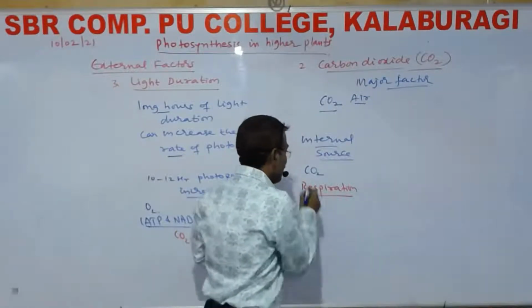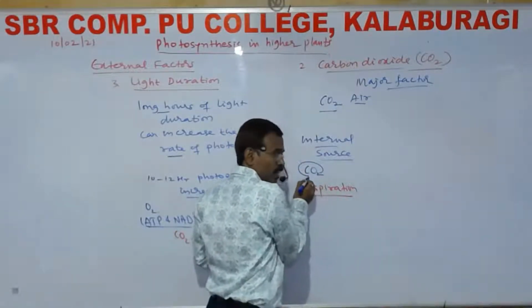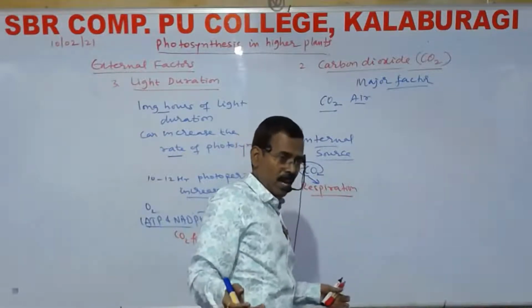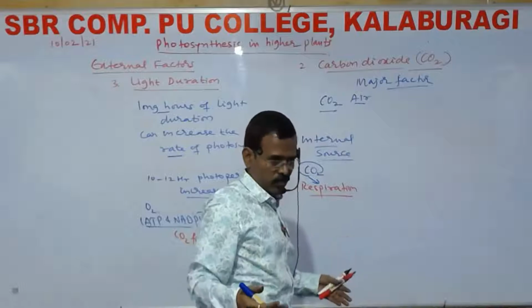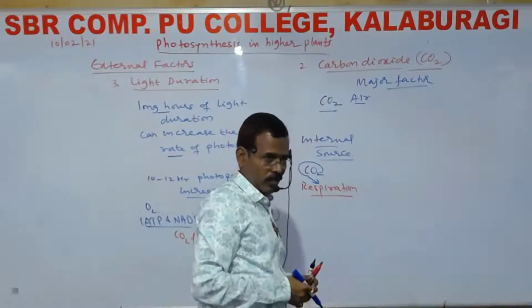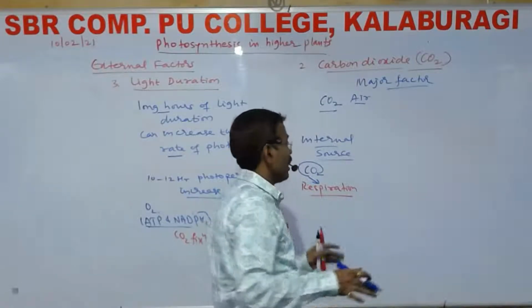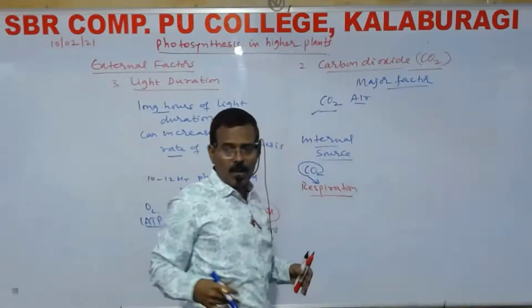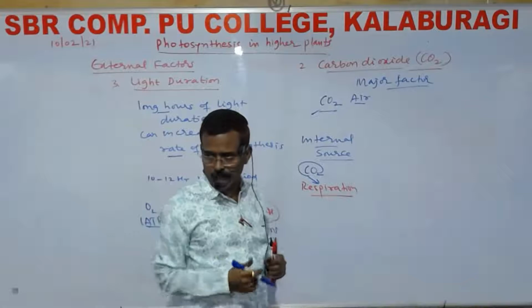When liberated from respiration, it can be utilized by the mesophyll cells of the leaves to carry out photosynthesis. Otherwise, plants are mainly dependent on external carbon dioxide availability in the air.